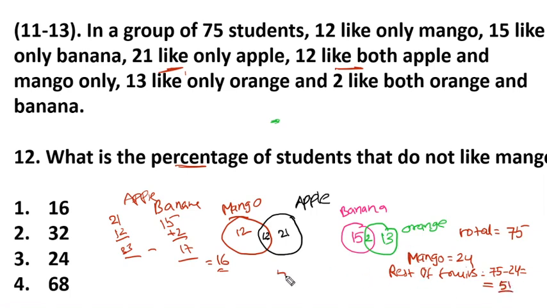So he is asking the percentage. So 51 by 75 into 100. Why? Because he is asking percentage. So 25 table 3 times, 25 table 4 times, 3 table 17 times. So 17 4s are 68. So our answer is option number 4, 68.